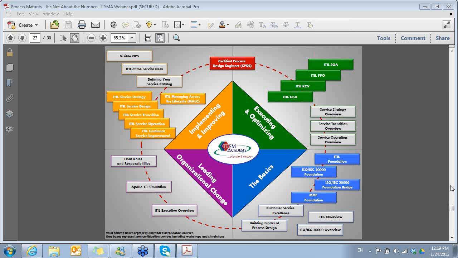So if you Google the DIKW hierarchy, it's called, you'll find all kinds of information out there about data versus information versus knowledge, and then ultimately wisdom. And wisdom is really the human aspect of things, which is just we understand what's important.